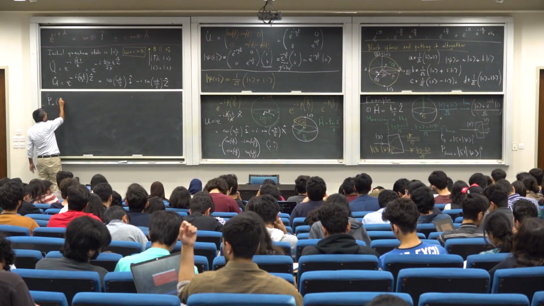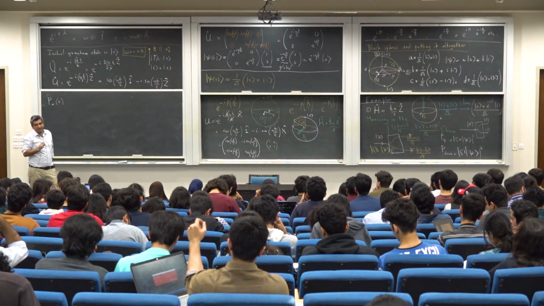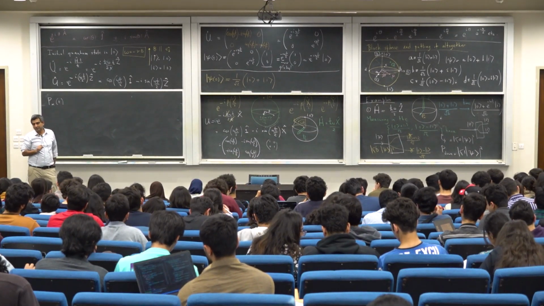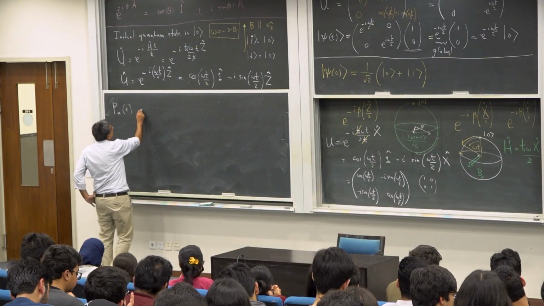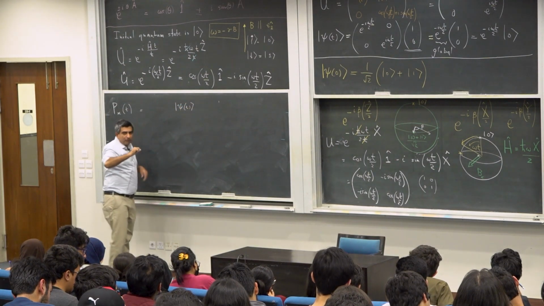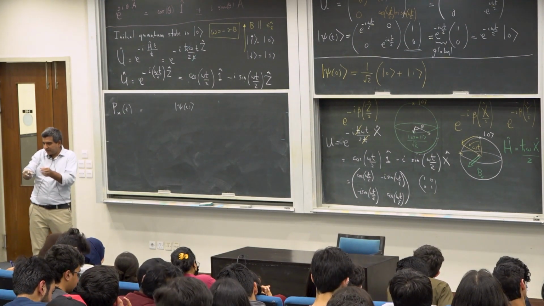Now, is this going to be a function of time? Is this probability going to change with time? Because my quantum state is changing with time. So what is my quantum state? Psi of t. And I want to overlap this quantum state with the state upon which I am going to measure it.